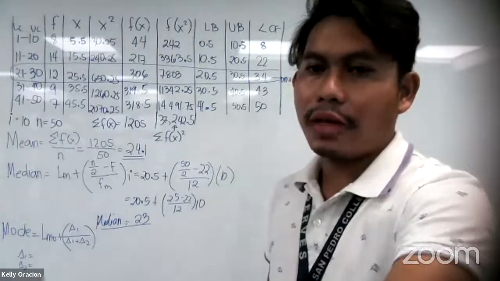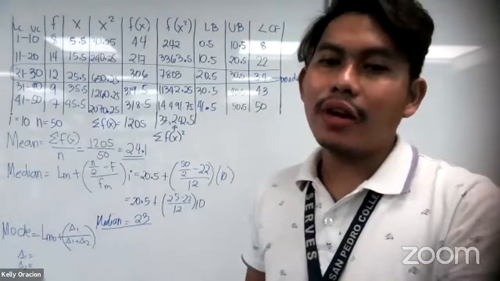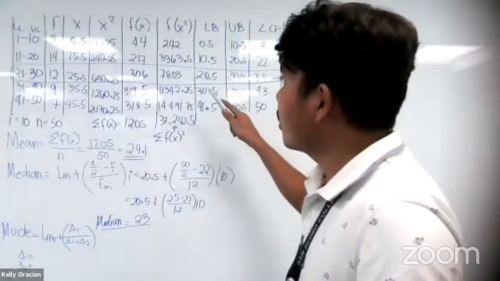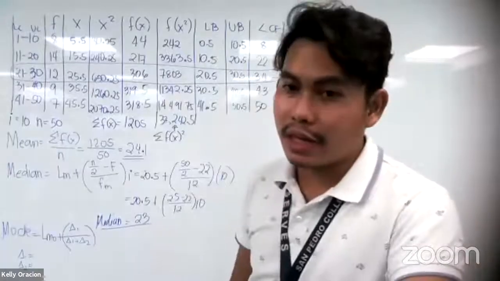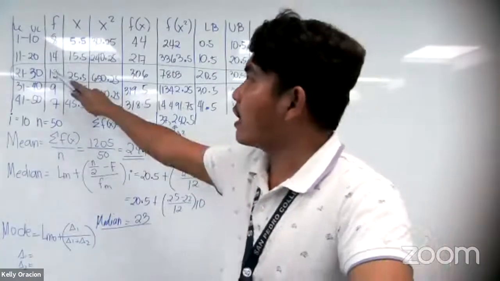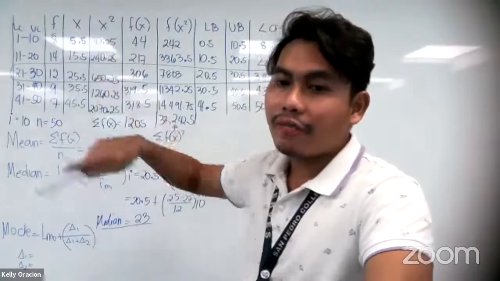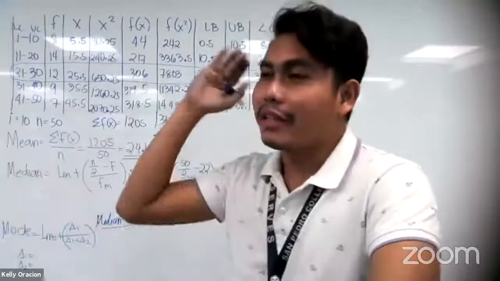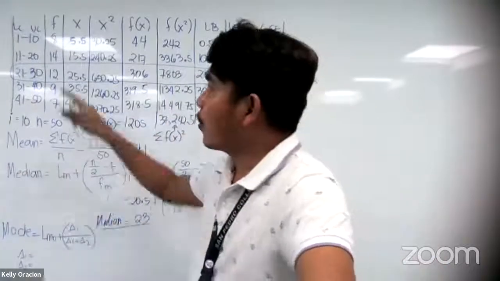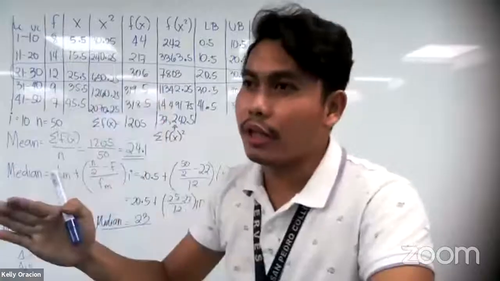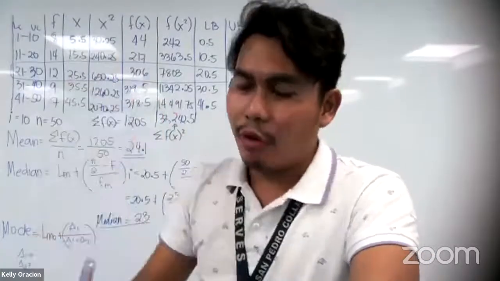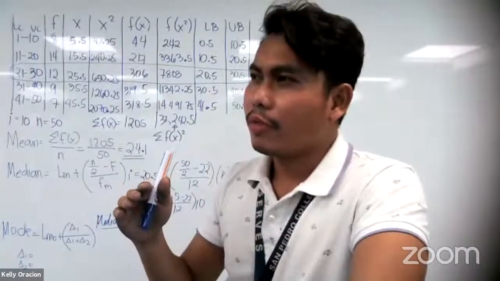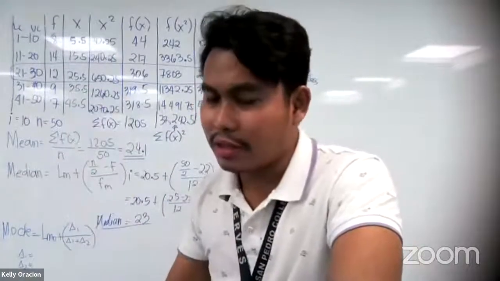Delta 1 is the difference between the frequency of the modal class and the frequency after the modal class.